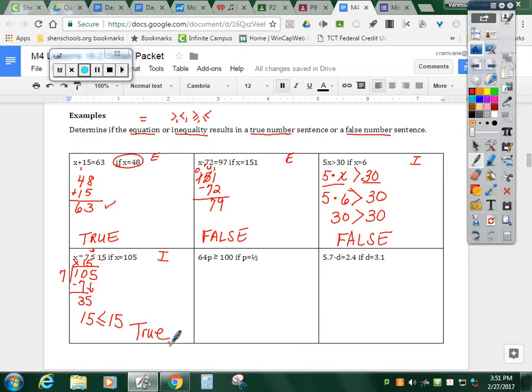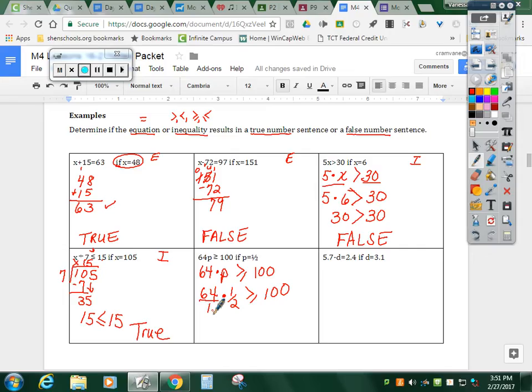Okay, great. Let's go to the, oh, I love the next one. I'm going to expand it with a dot because this is 64 times p is greater than or equal to 100 if p equals 1/2. I love when I multiply by fractions. So it's 64 times 1/2 is supposed to be greater than or equal to 100. Okay. You need to multiply fraction by fraction.